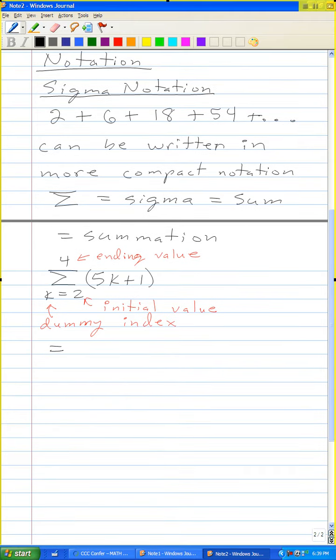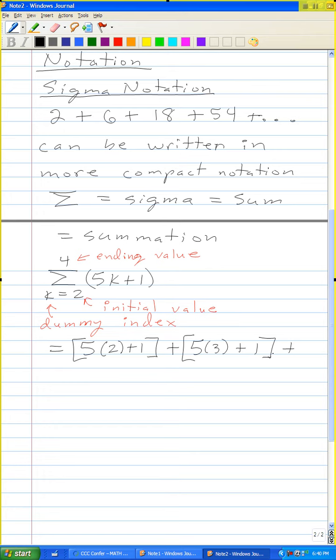So first I replace my k here by the number 2. I then add to it the next number after 2, which is 3, and so I replace k by 3.